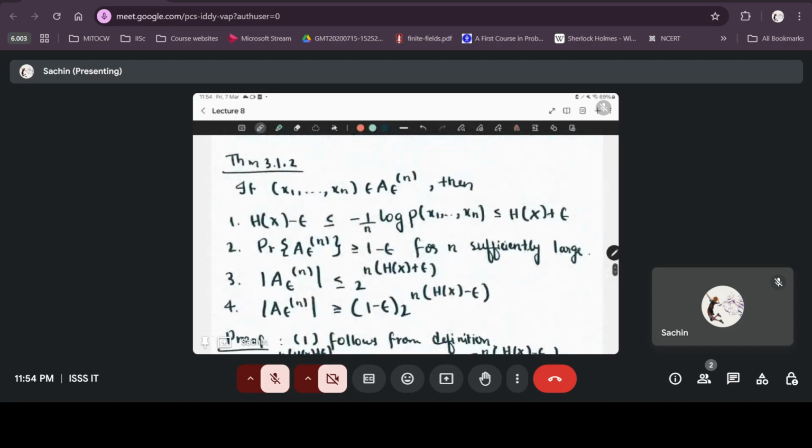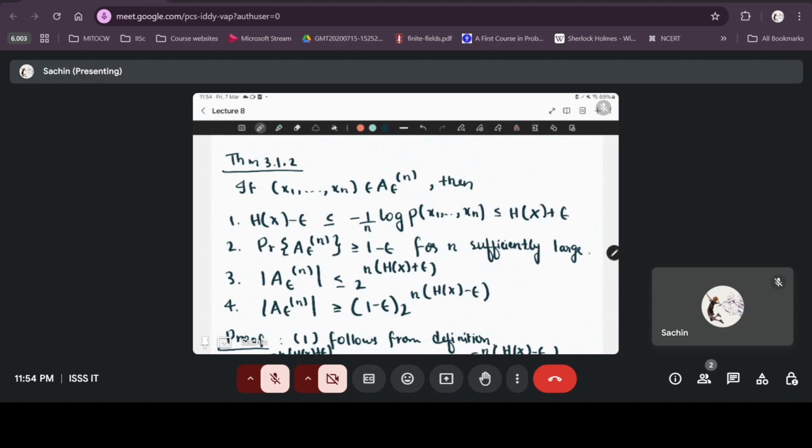So what these properties mean physically is that a typical set contains all the sequences that are typical, that would occur typically if you did the experiment n number of times.